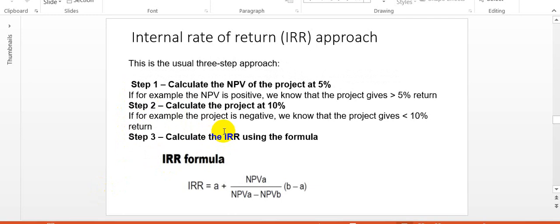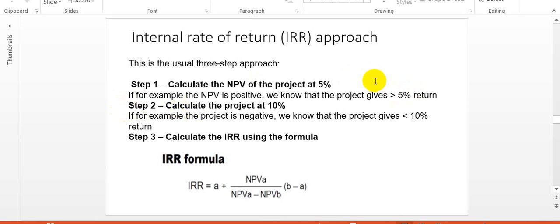It's a 3-step approach. The first step is to calculate the NPV of the project at, say, 5%. If, for example, the NPV is positive, we know that the project gives a greater than 5% return. Then we need the second rate to be higher than the first rate. That is assuming the first rate gives you a positive NPV. If the first rate you have used gives you a negative NPV, then you need a rate lower than that rate.